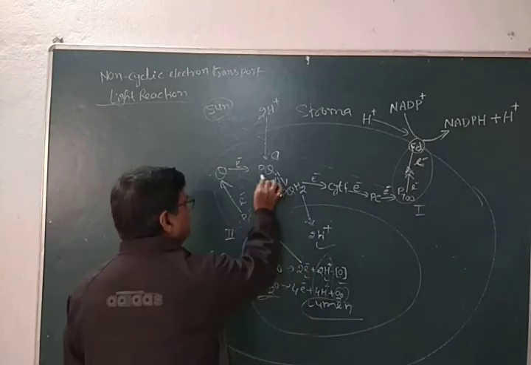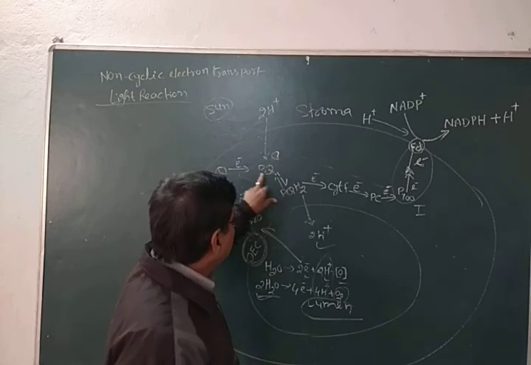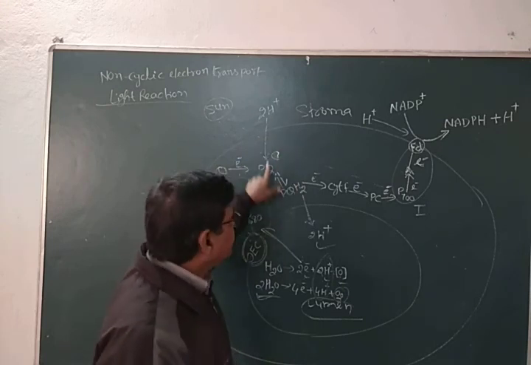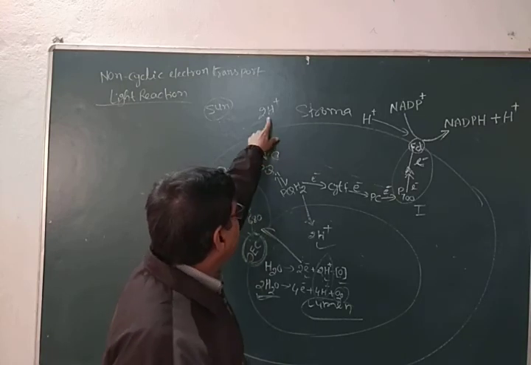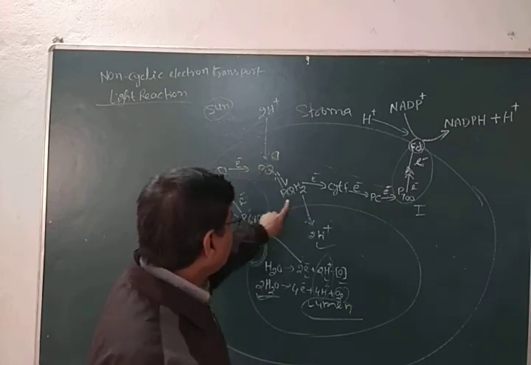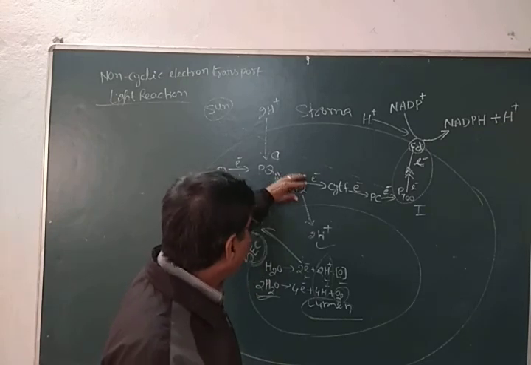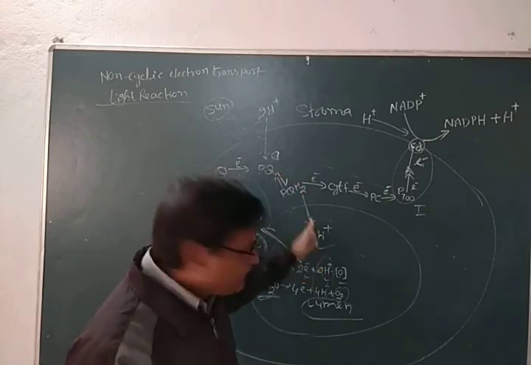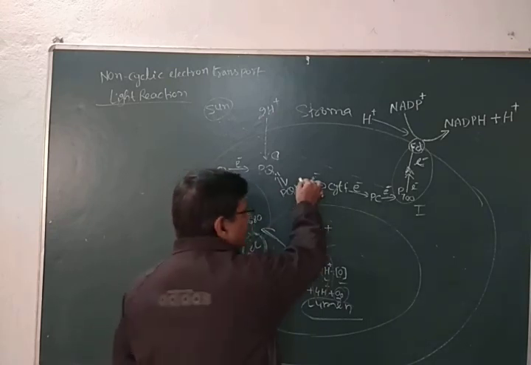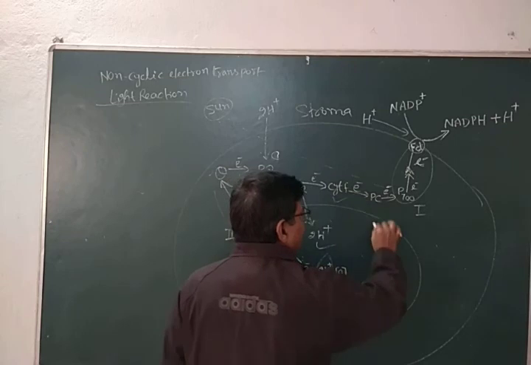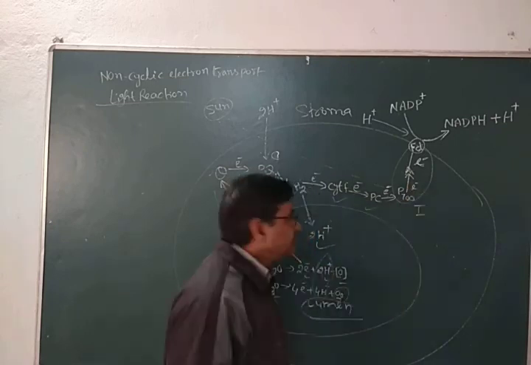So here we learned that actually this quinone is not the electron carrier, actually it is the hydrogen carrier. It forms, the electron comes from this quinone, hydrogen proton from the stroma, and it forms the plastohydroquinone. Again this plastohydroquinone provides this hydrogen proton in the lumen, and the electron passes through the cytochrome f complex and plastocyanin to photosystem 1.